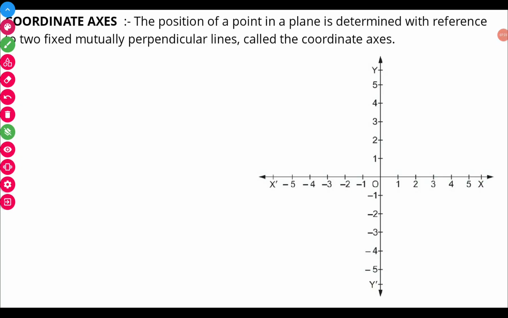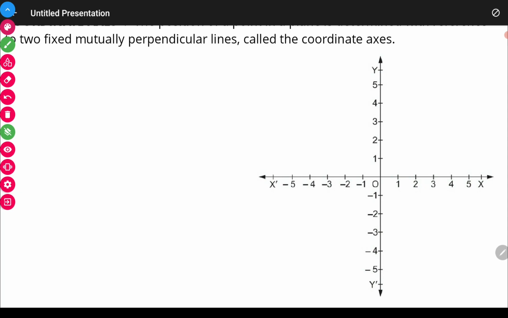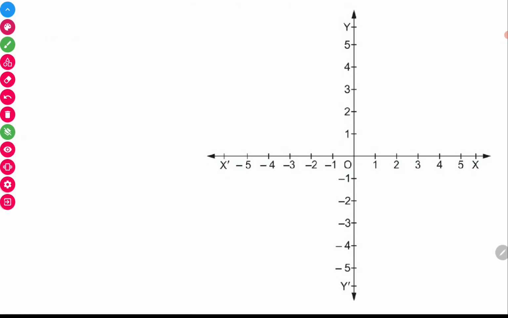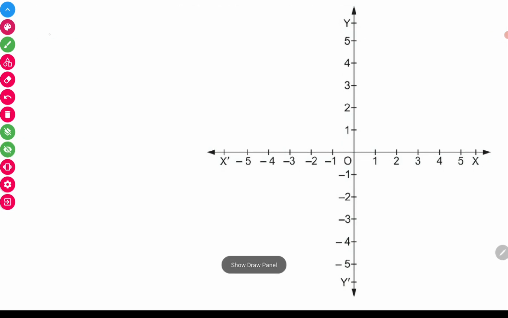We can understand this with the help of few numbers. Suppose the coordinates are given. First one is 5, 2.